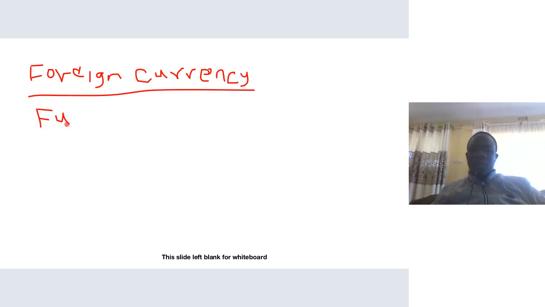So we are going to define functional currency. Functional currency is the first term.